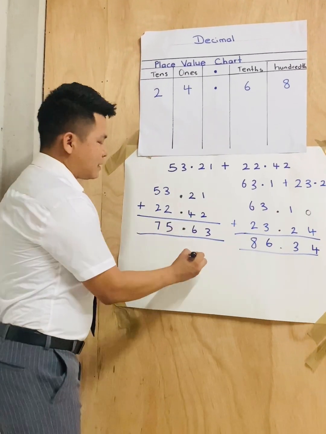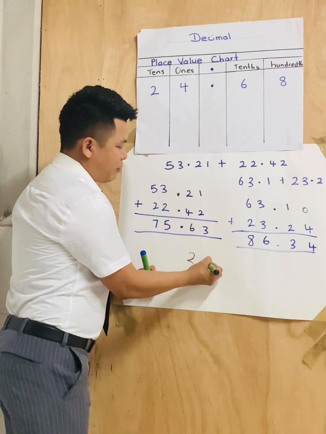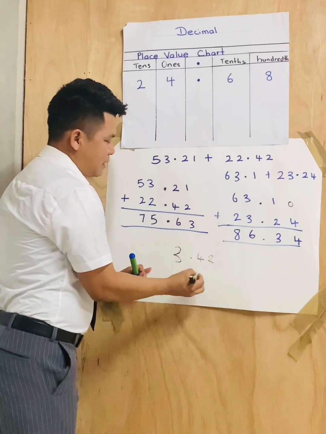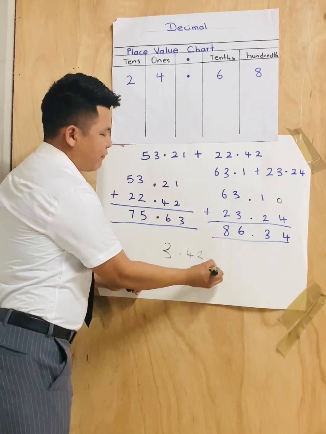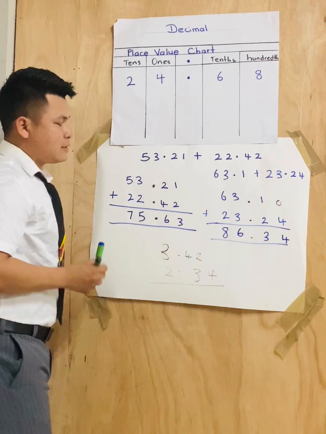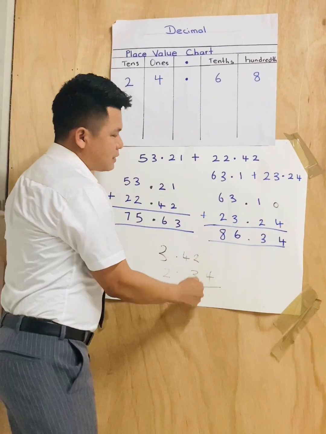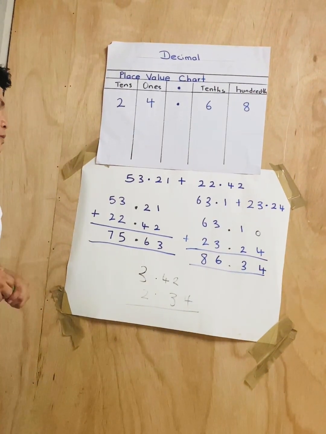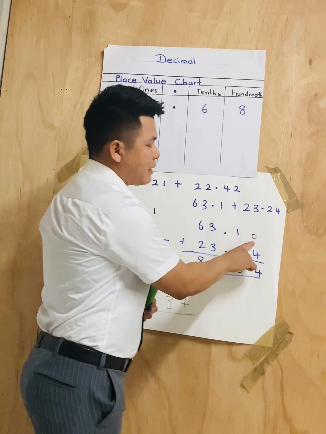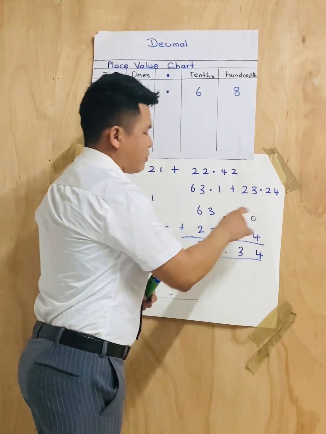Remember, you can put, let's say, 3.42, and then you would have 2.34. You would get it wrong. You have to set down numbers under numbers, right? And remember, when you want to balance it, you can always add a 0.